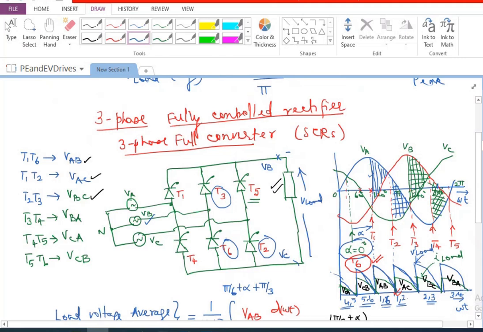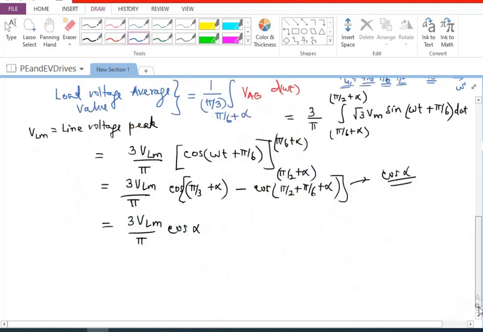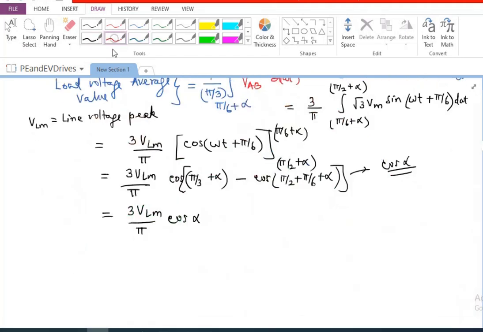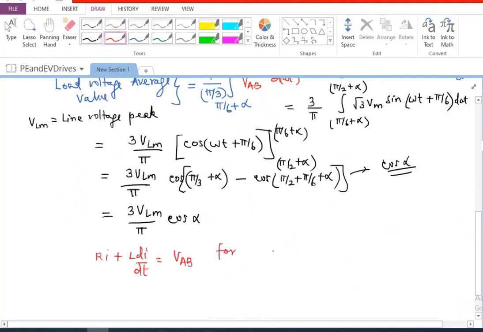And if I am going to have R and L, then again the equation which governs the dynamics of the circuit will be Ri plus L di divided by dt equal to VAB, for omega t ranging from pi by 6 plus alpha to pi by 2 plus alpha.